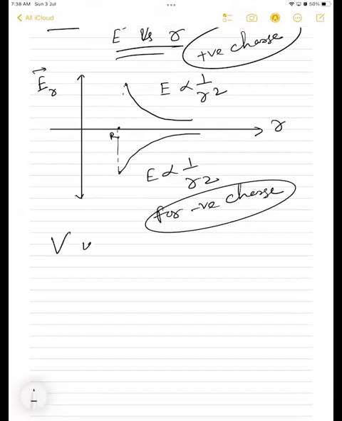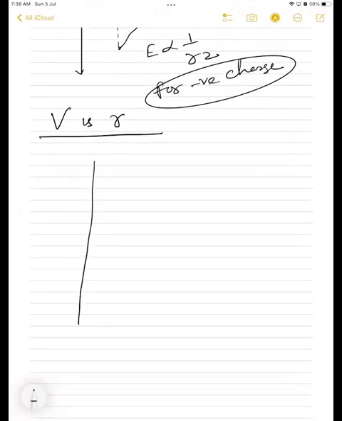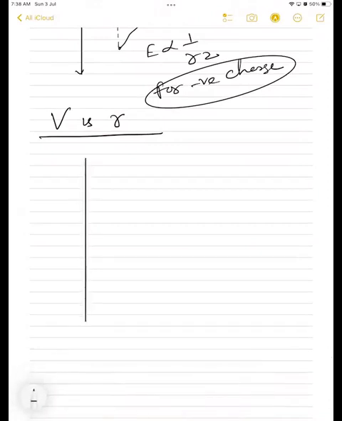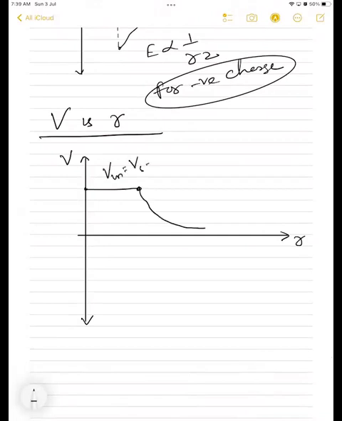Potential V versus R, right? The potential is maximum for one and minimum for the other. Look at the graph. It is a straight line, so the potential is constant inside the center, then after the surface it decreases with distance. Then at a point inside, V in is equal to V surface is equal to V maximum for a positive charge, right? It is directly related to 1 by R, so when R is equal to R on the surface, the negative charge is just the same way.